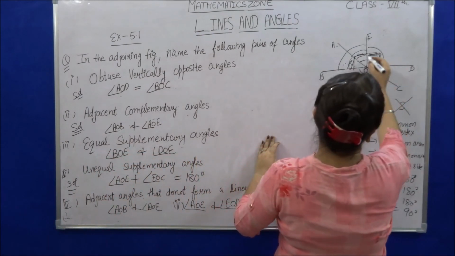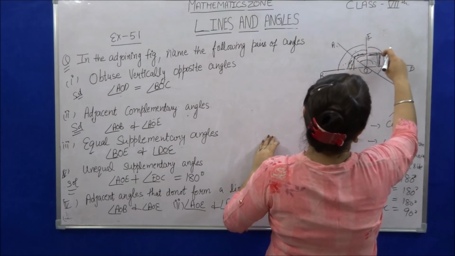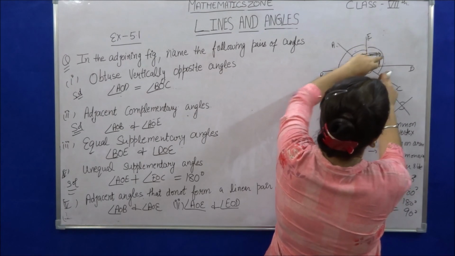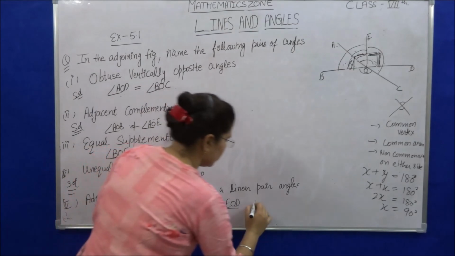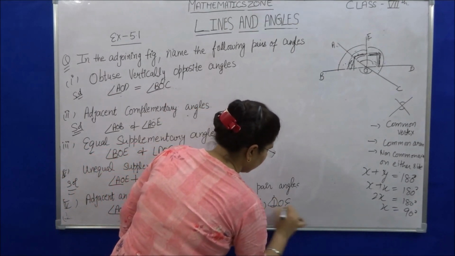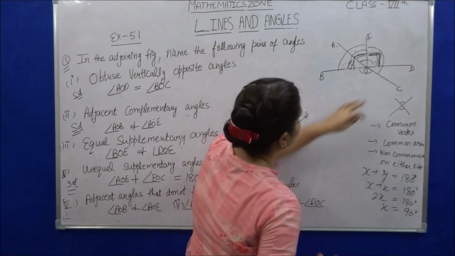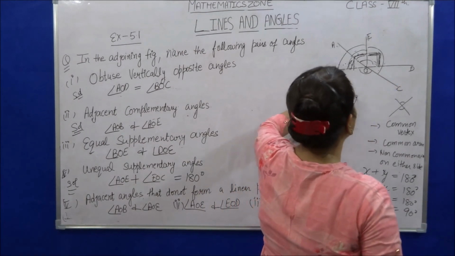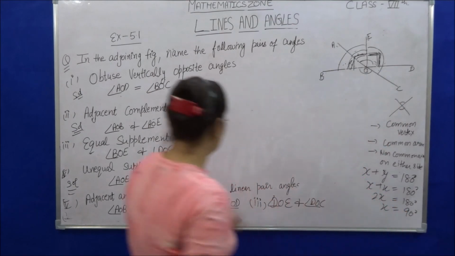Third will be these two angles, which are also adjacent angles, but they are not a linear pair, so DOE and DOC. These two angles are adjacent angles, but these two form a linear pair. So that's all.